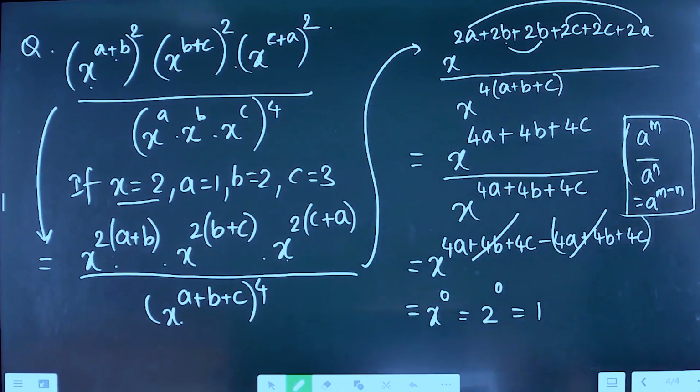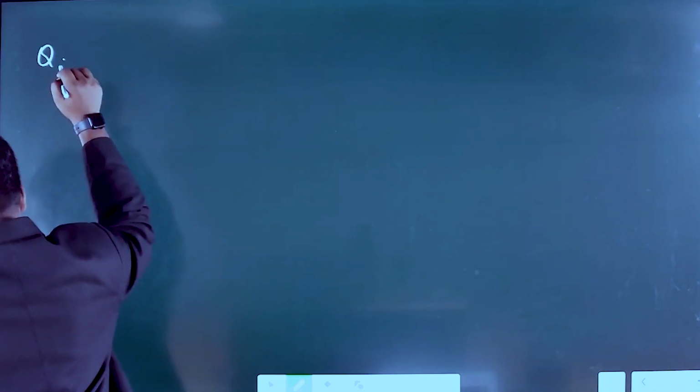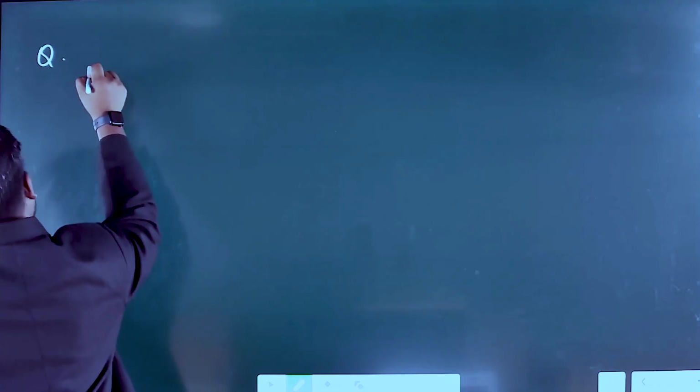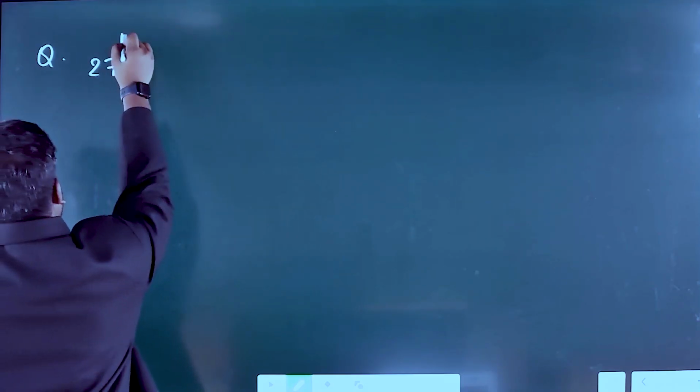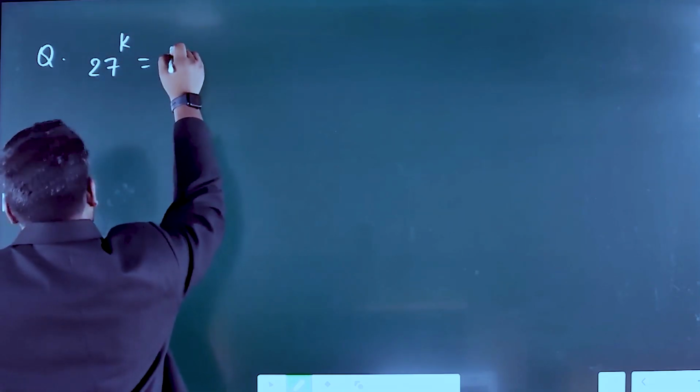Alright, if you note this down, we'll do one more question. We'll move to the next question. (27 power k) into (3 power k) is equal to 9.